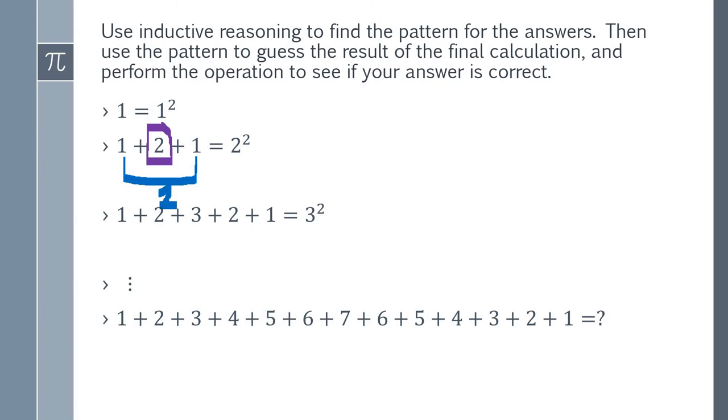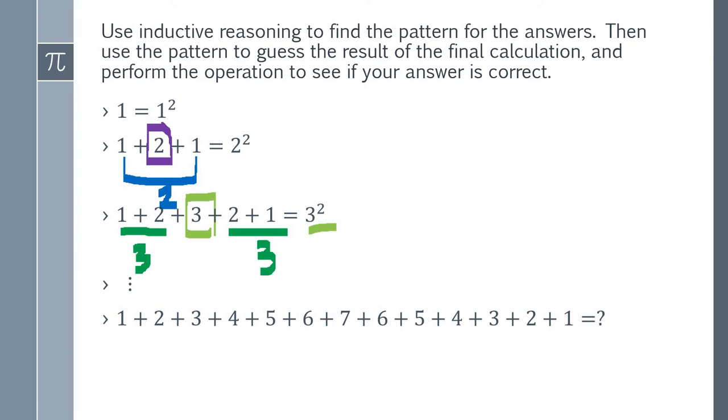So let's try to see the next given. We have 1 plus 2 plus 3 plus 2 plus 1 is 3 squared. So we have a 3 here, and then we now have 1 plus 2, that's 3, and 2 plus 1 is 3.